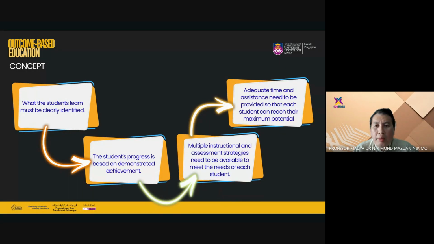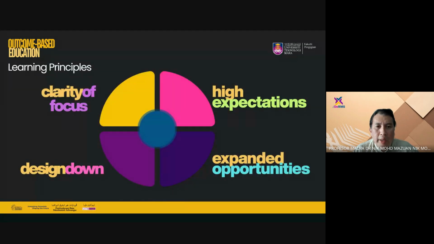Okay. So these are based on the educational concept of OBE. You will see this from time to time, how we play around with the OBE concept. And for the learning principles of OBE, we need to have clarity of focus, so students know exactly what they need to do.